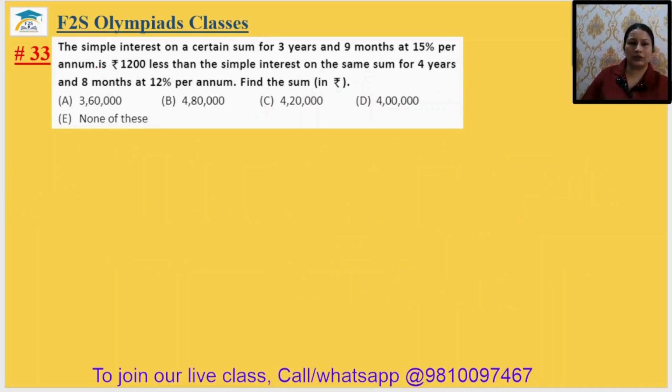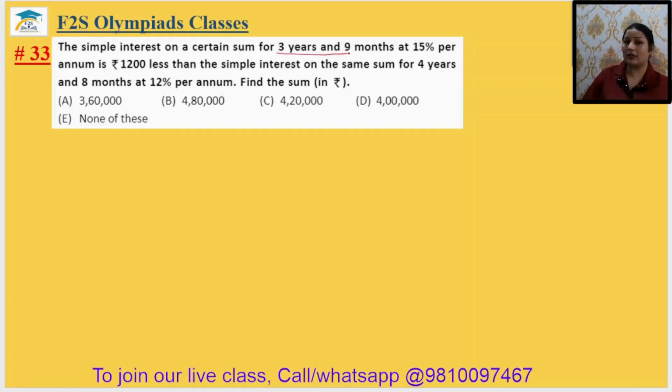Come to question number 33. The simple interest on a certain sum for 3 years and 9 months at 15% per annum is 1200 less than the simple interest on the same amount for 4 years 8 months at 12% per annum. So find the sum. Here there are two cases.